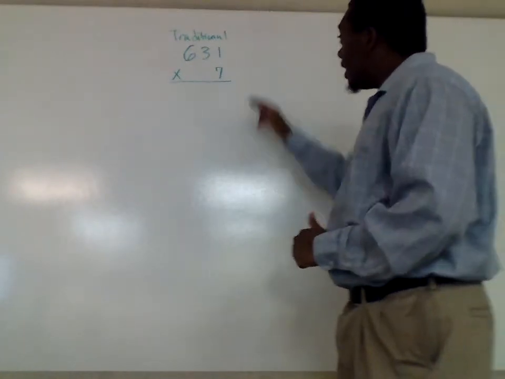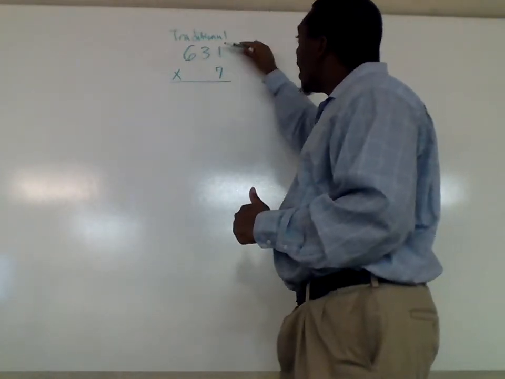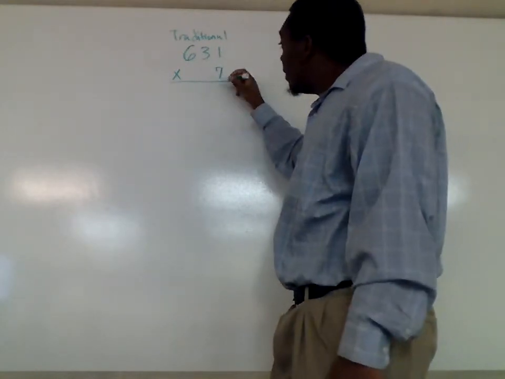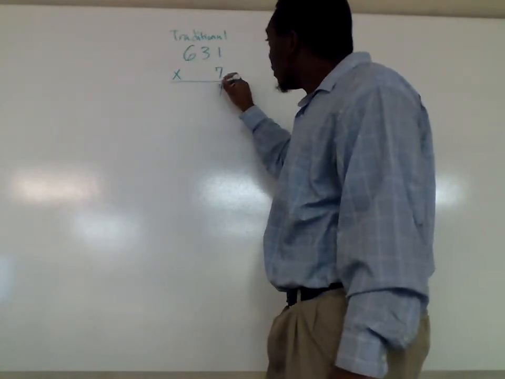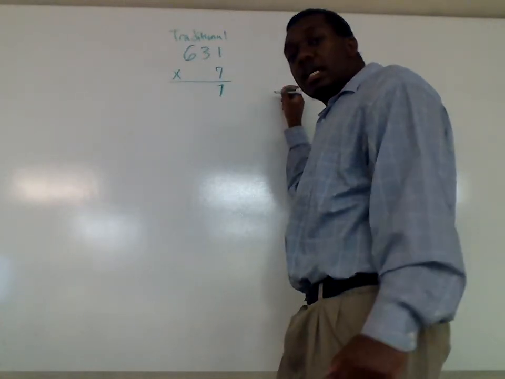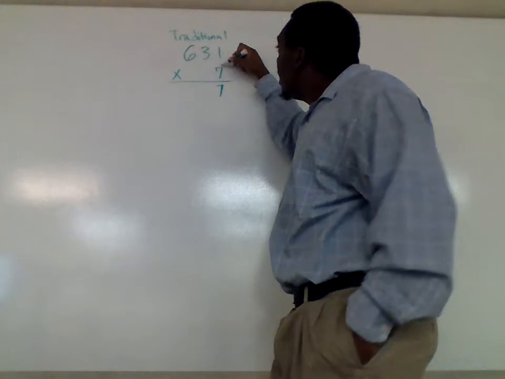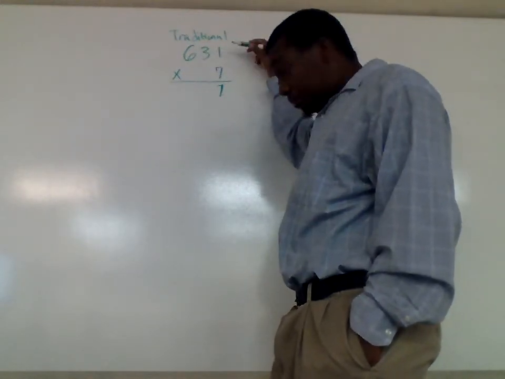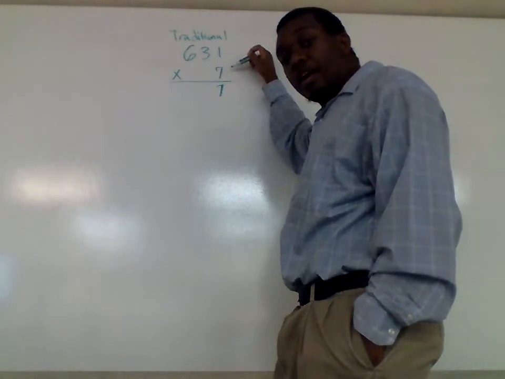So here's the traditional way of multiplying. You first said, well, 7 times the ones place, so we can find out how many ones we have. 7 times 1 is just going to be 7. Then the next thing you did was say, okay, 7 times 3, I'm looking at how many 10s I have. 7 times 3 is 21.